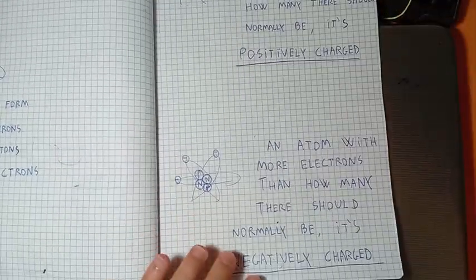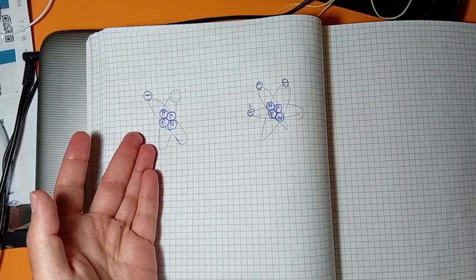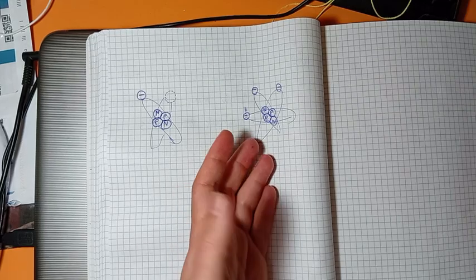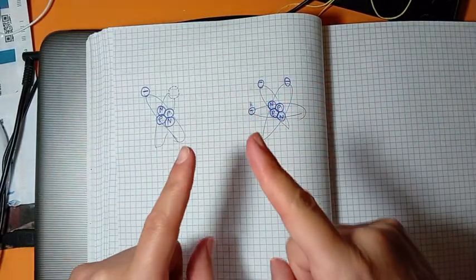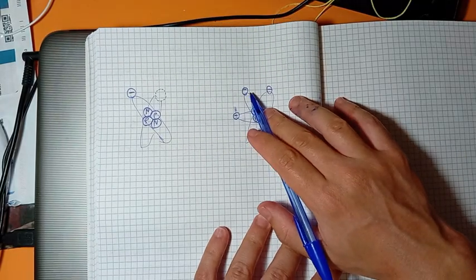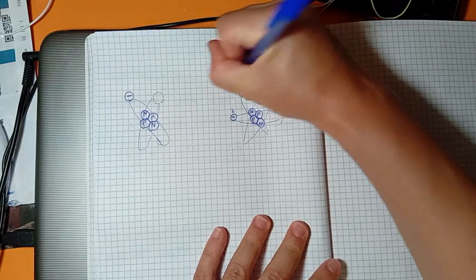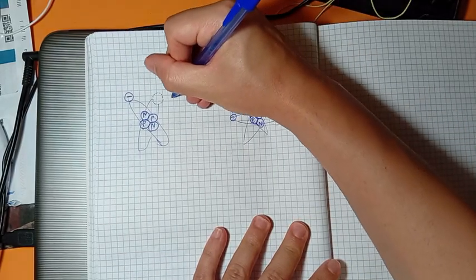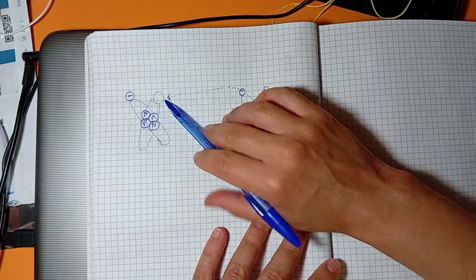So if I have 2 atoms, one positively charged and the other negatively charged, what happens if I put these 2 atoms close enough together? What will happen is that an electron in surplus here will flow to the other atom and fill this empty space.